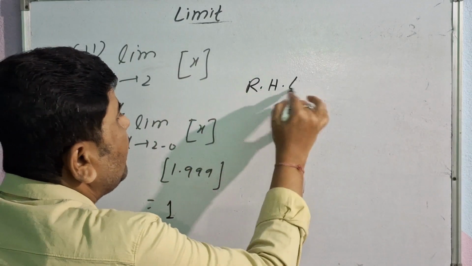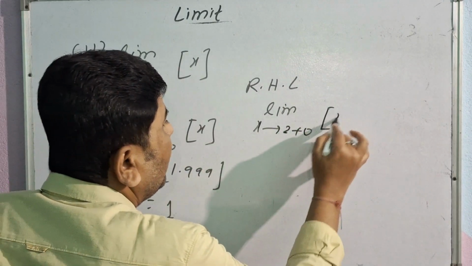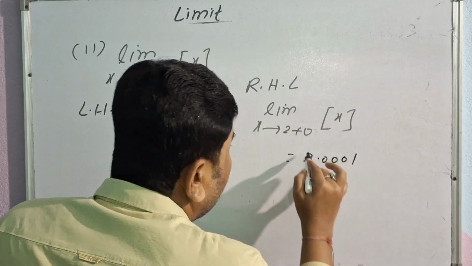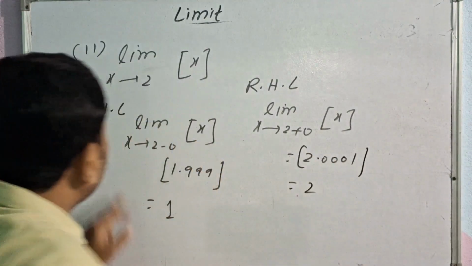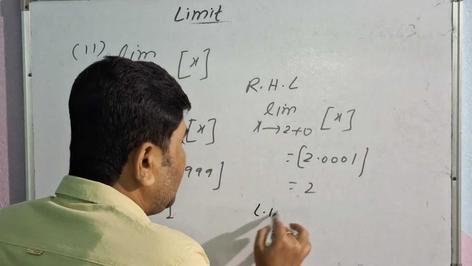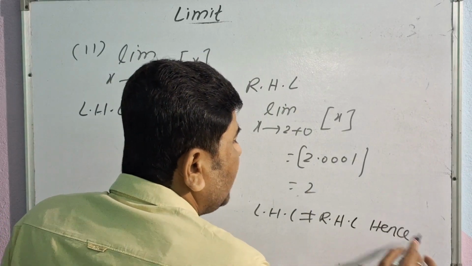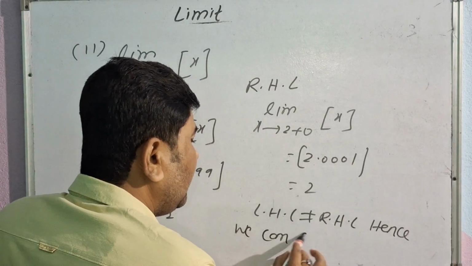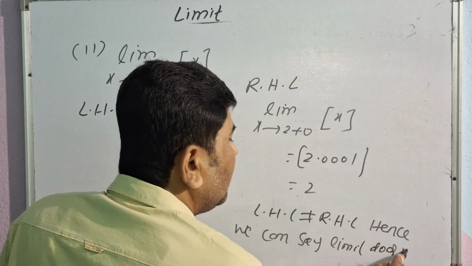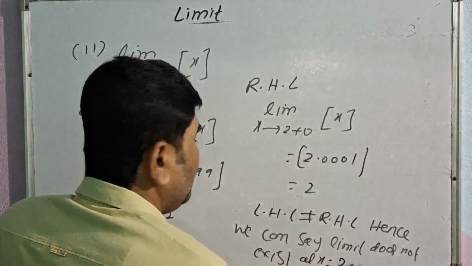RHL, right hand limit, x tends to 2 plus 0 of [x], is equal to [2.00001], that is 2. Here LHL is equal to 1 and RHL is equal to 2. Here LHL is not equal to RHL, hence we can say the limit does not exist at x equal to 2.